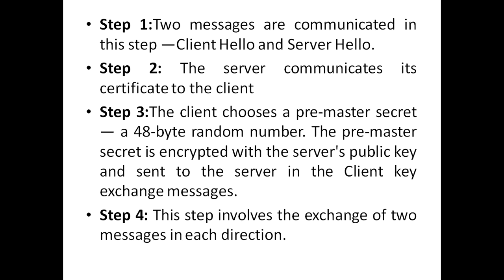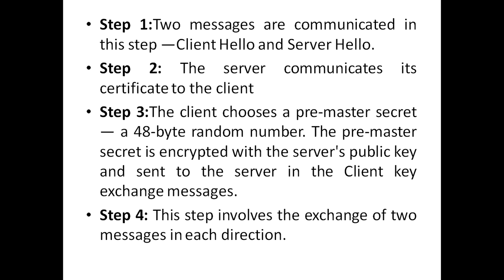These 6 derived secrets are: the initialization vector for encrypting messages from client to server, the initialization vector for encrypting messages from server to client, the secret key for encrypting messages from client to server, the secret key for encrypting messages from server to client, the secret for computing keyed hash on messages from client to server, and the secret for computing keyed hash on messages from server to client. So these are the 6 derived secrets calculated in step 3.